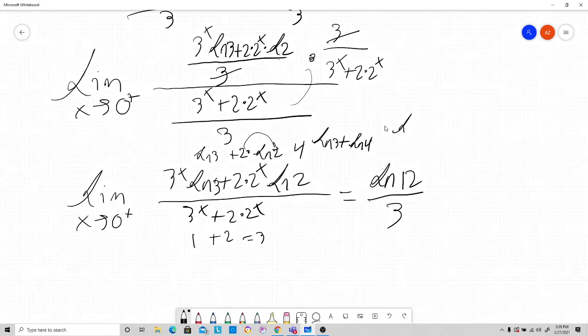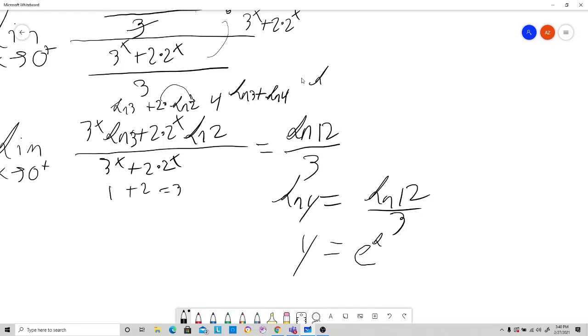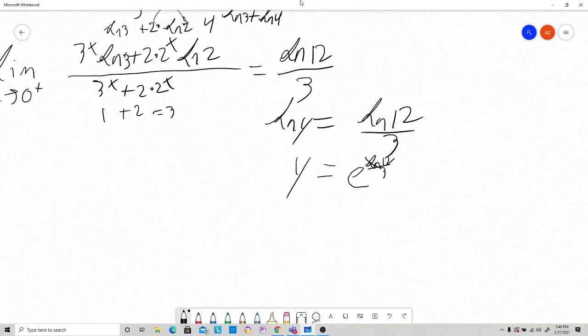But if we remember, we took the ln of y, so ln of y equals the limit, and we figured out that the limit is the ln of 12 over 3. That means we just need to solve for y. If we raise e to both sides, y would be alone, and then this would be e to the ln of 12 over 3. That means the ln will go away.